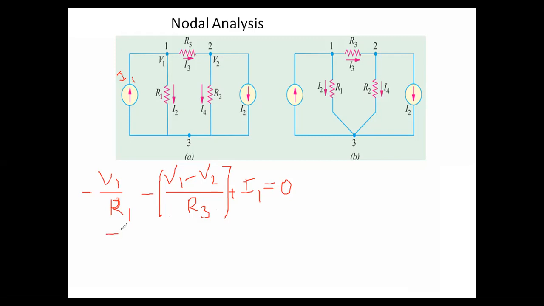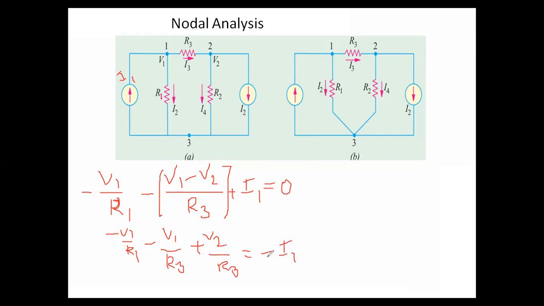So minus V1 by R1 minus V1 by R3 plus V2 by R3 is equal to minus I1.